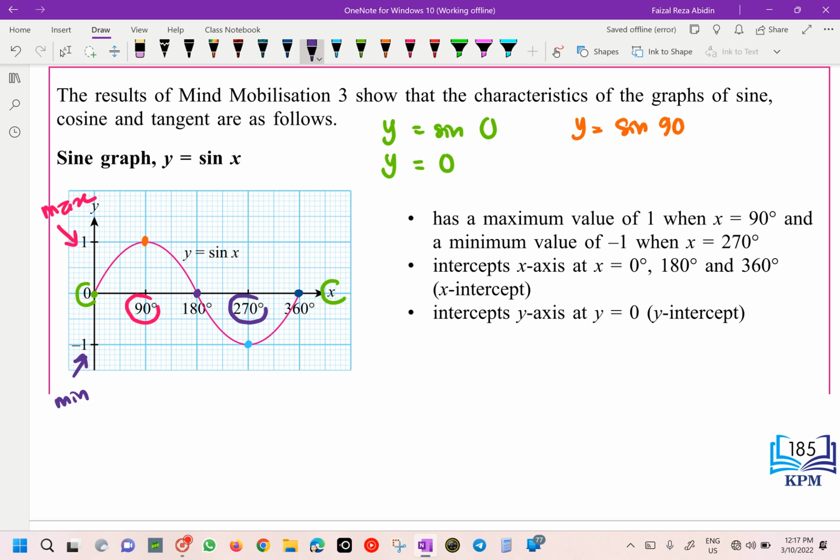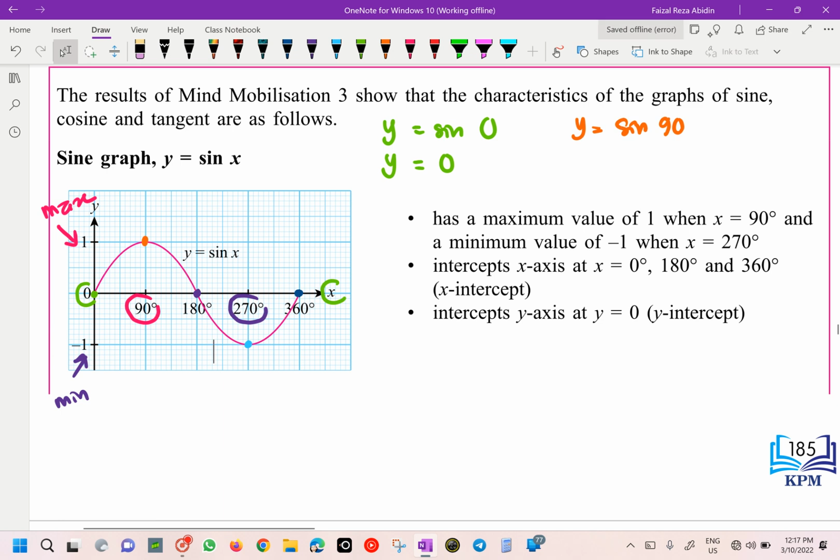It's plotted already because it's an example, isn't it? Yes. Okay, so if you look there, 0, and then for 90 is 1, for 180 is 0 back, for 270 is -1, and 360 we get our 0 back.